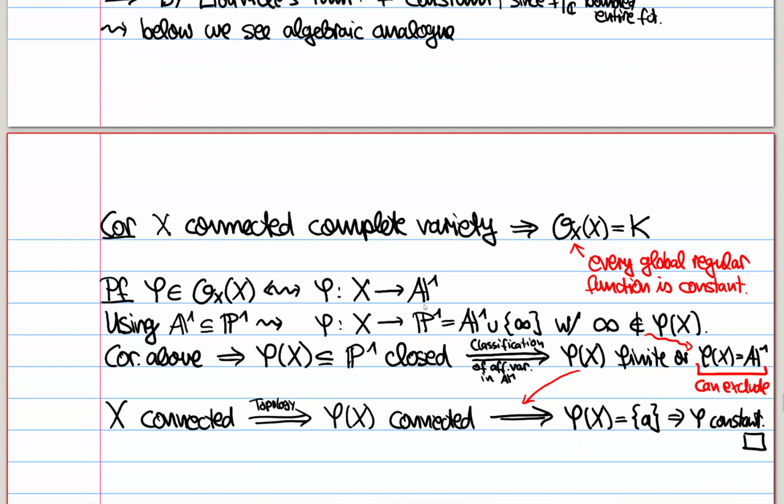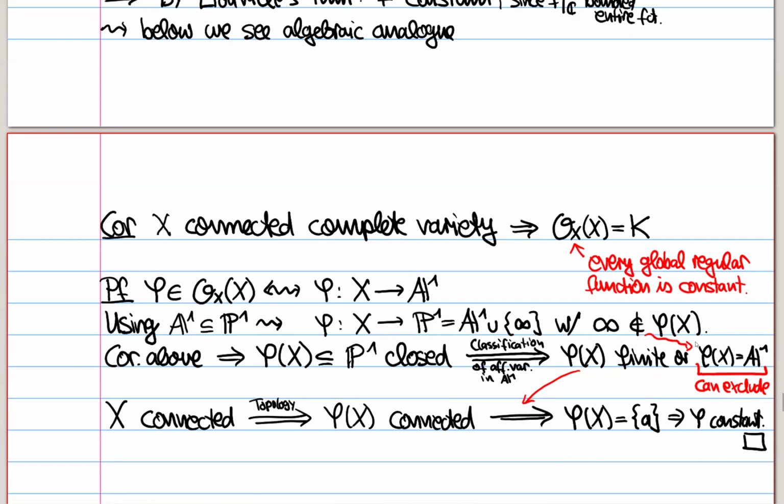We could also apply this directly again to this variant of phi. But at the very beginning of the lecture, we saw a classification of the closed subsets of A1, namely something is closed inside there if it's either finite or it's all of A1.